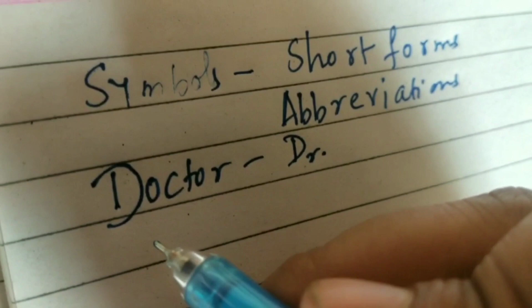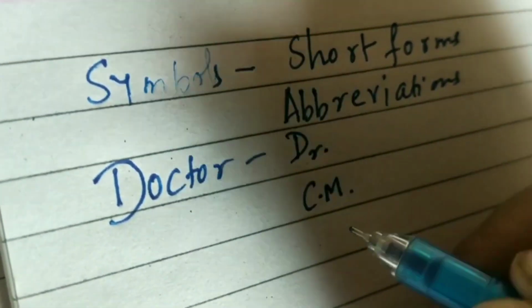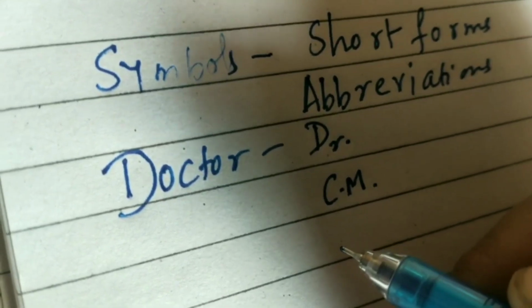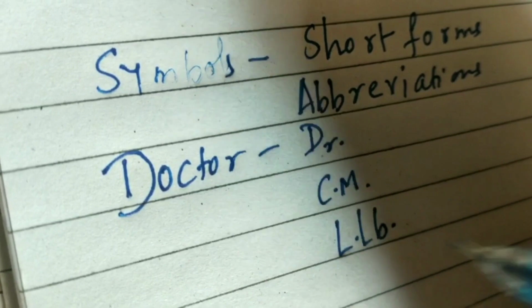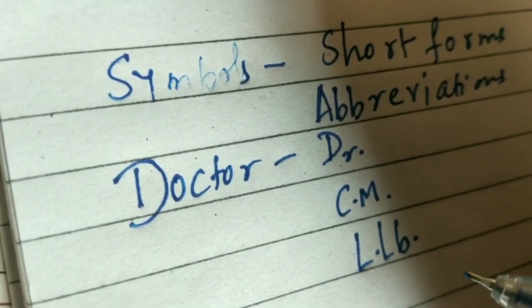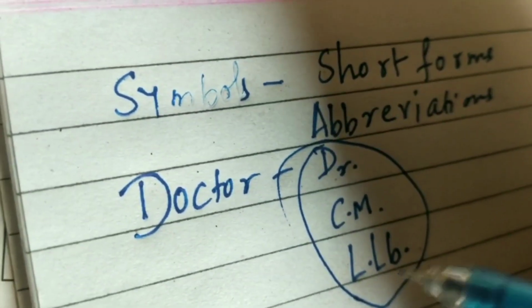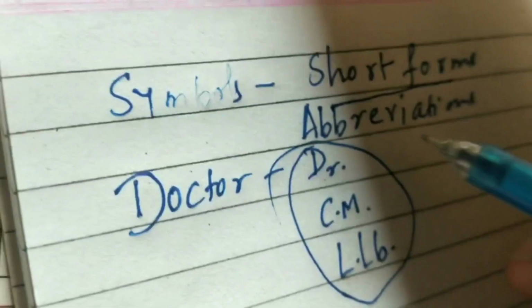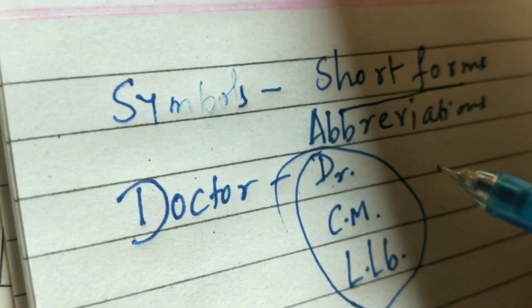DR. For chief minister, we write CM. If somebody is a law graduate, what do we write? LLB. Like this, the scientists also took out this way. This is more convenient to write, so they also started using short forms or abbreviations for writing the elements.